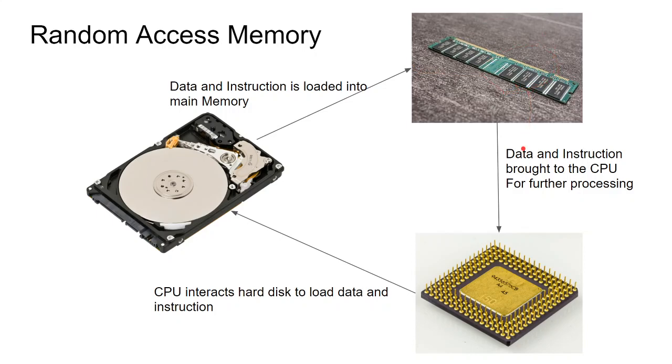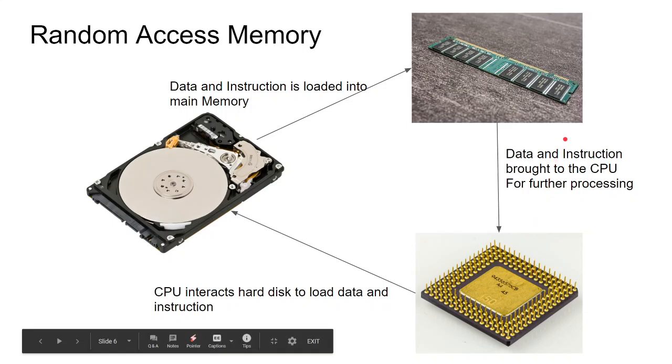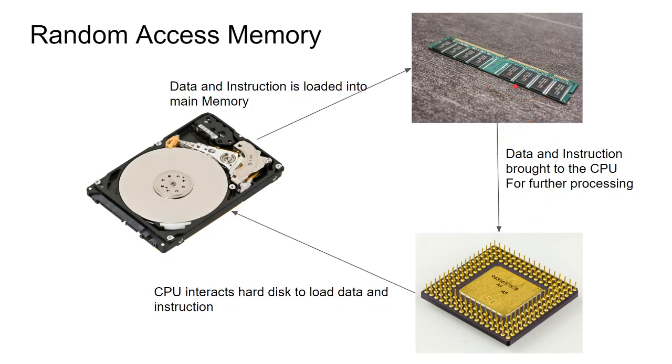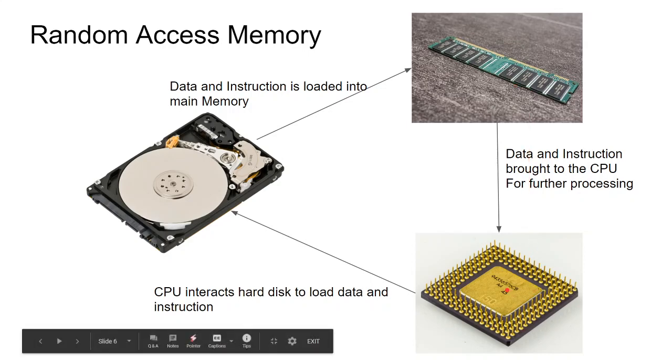Next, the data and instructions are brought to the CPU for further processing. Once it is loaded into the main memory, I told you main memory cannot work that way. Anything that is to be worked on has to be taken into the processor. So data in the main memory or primary memory is brought into the processor.